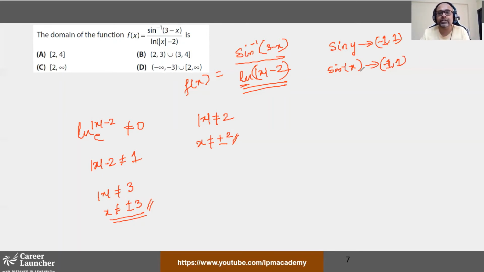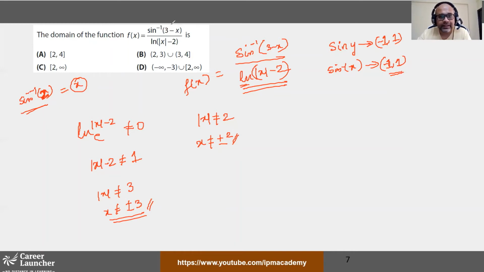It does not exist, because when I say sine inverse of 2, for example, it means that I'm looking at for what y or for what x can I get the output as 2. Obviously for no sine value you can get 2 as an output. So I know that my sine inverse argument should lie between minus 1 to 1.